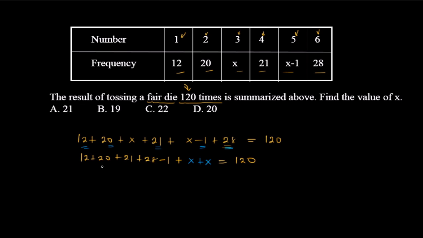So 12 plus 20 plus 21 plus 28 negative 1 is going to give you 80, plus x plus x is going to give you 2x. So this equals 120.